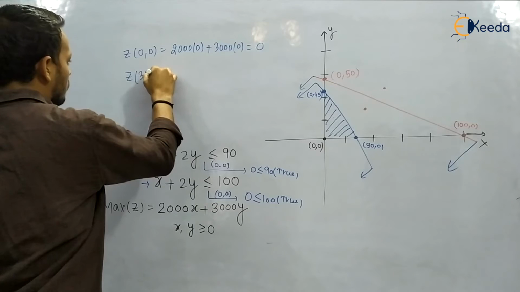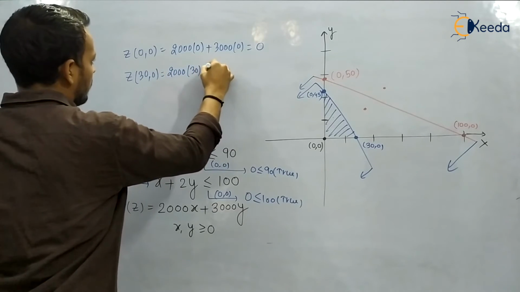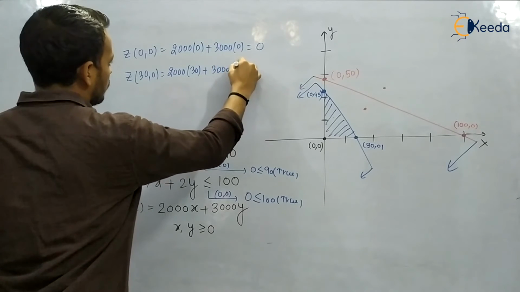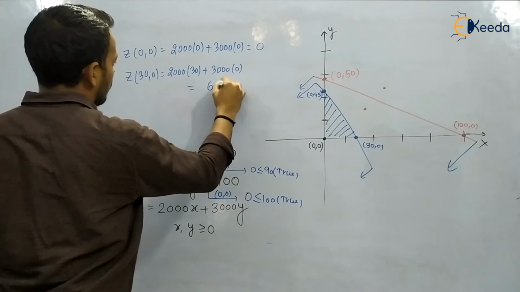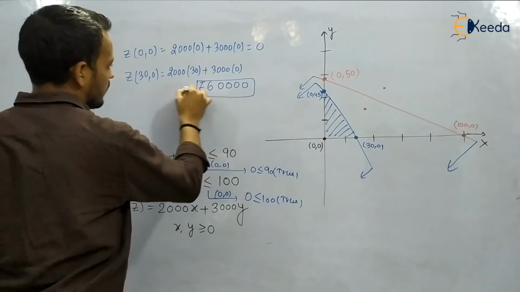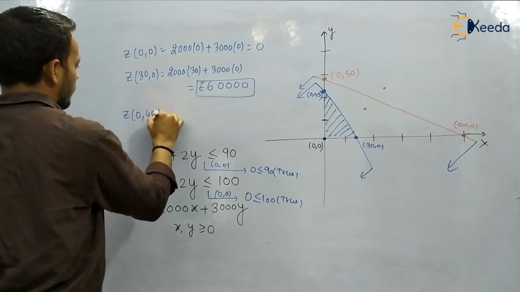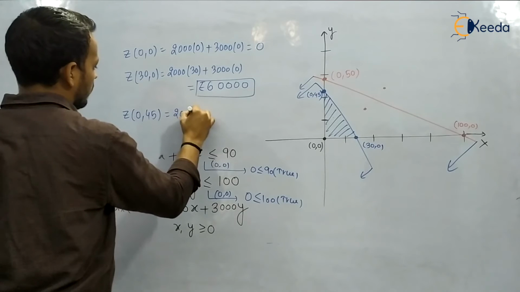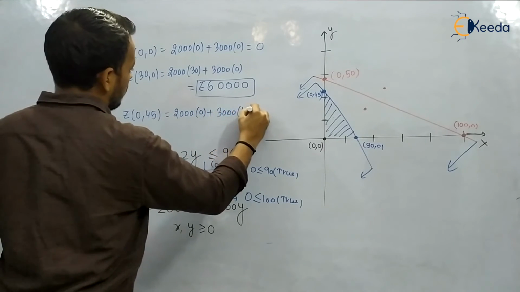For (30, 0), 2000 into 30 plus 3000 into 0, so we will get rupees 60,000. And the last corner point is (0, 45). So this is 2000 into 0 plus 3000 into 45.